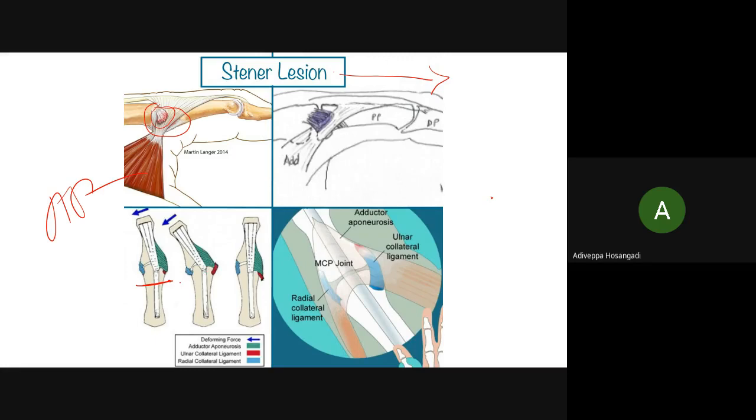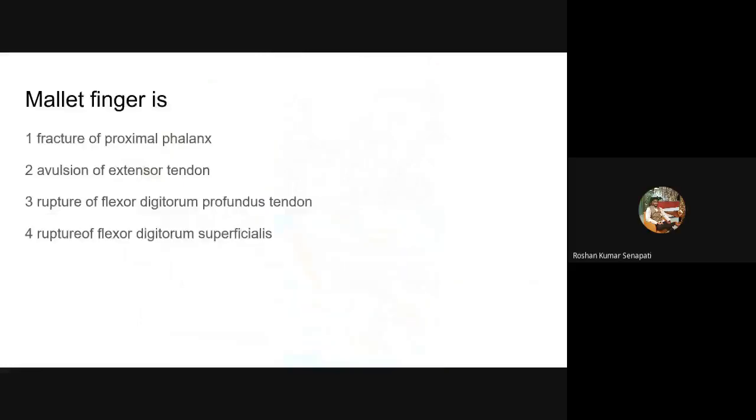If it is torn, it comes out and stays here. So it is not going to heal. The thumb will become permanently unstable or the dislocation is irreducible. Simply, Stener lesion is seen in gamekeeper's thumb because of rupture of the ulnar collateral ligament.